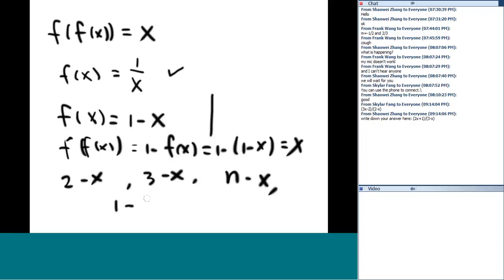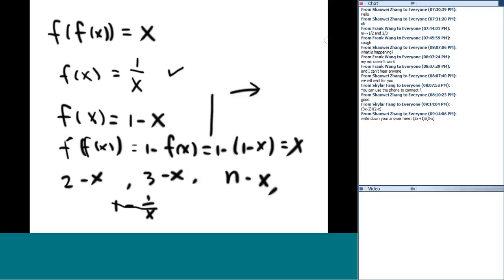Y minus 1 over x? Is that good? No. It was 2 over x. Okay, you go back and find one more example.